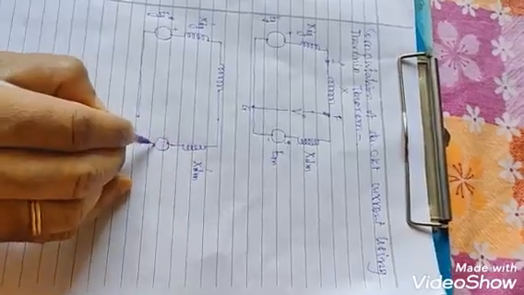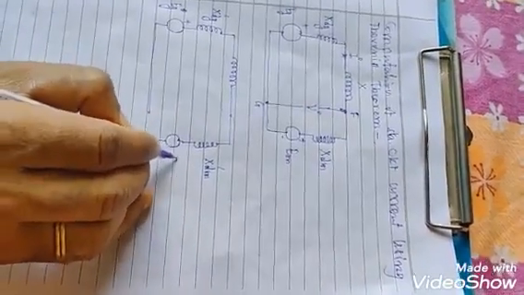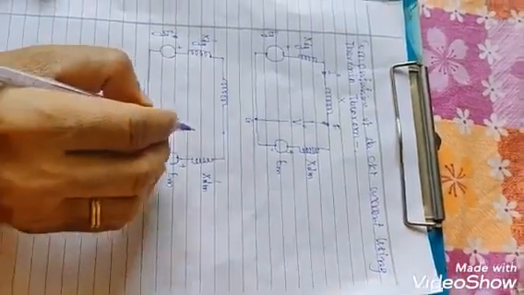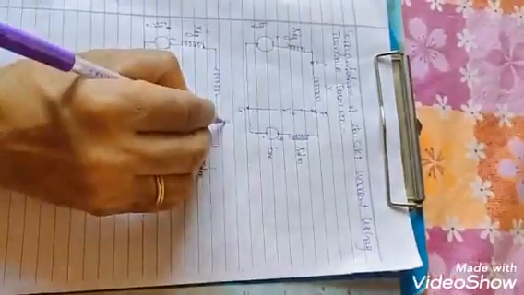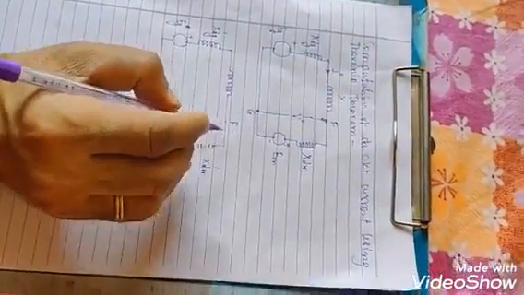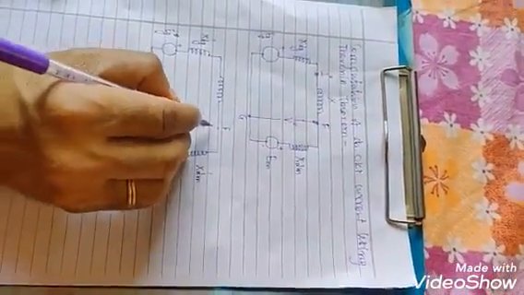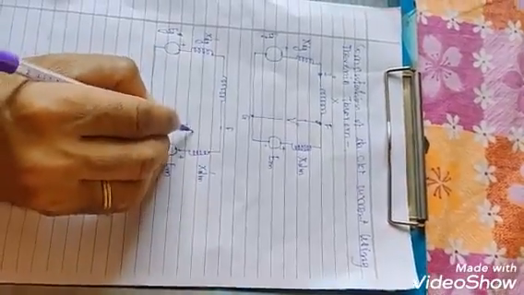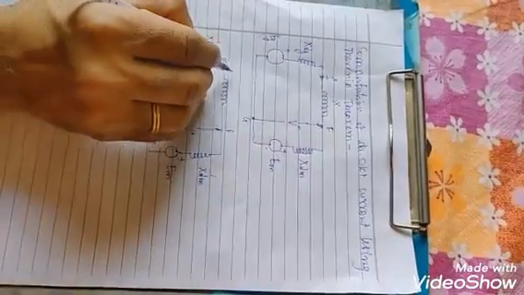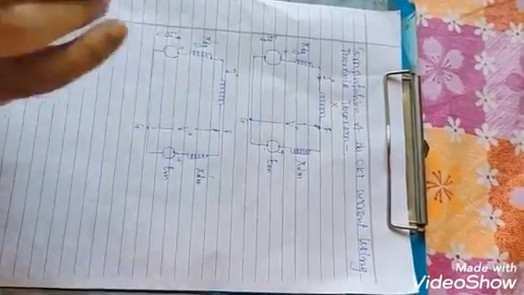This is in series with source EM. This is positive and this is the terminal F where the fault has occurred. So voltage at the terminal is V0 and current delivered is I0.